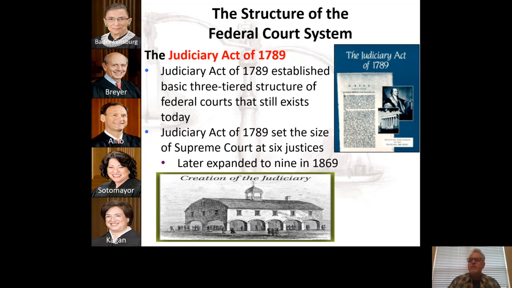And so one of the first orders of business, in addition to passing a Bill of Rights, was to pass the Judiciary Act, which outlined the district court system, the courts of original jurisdiction, and set up the process of how appeals would work and how the Supreme Court would hear cases. And it set up 6 justices. Today we have 9 justices.